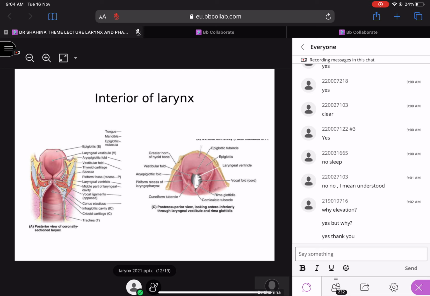Then as you go down, here you can see these are the vestibular folds, and below you will see these are the vocal folds. Did you notice this, all of you?